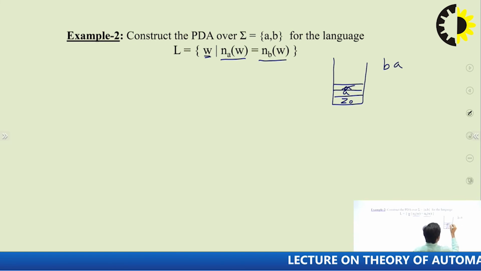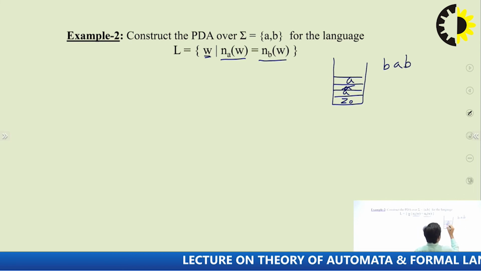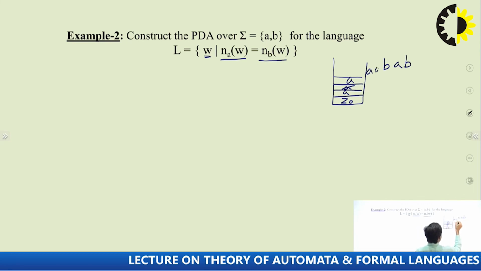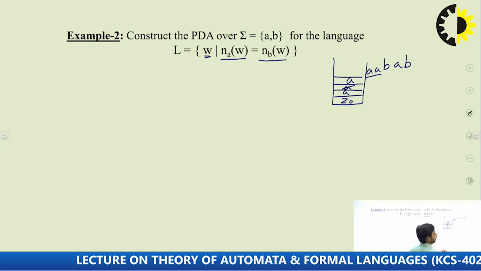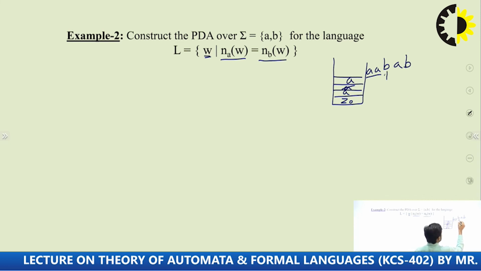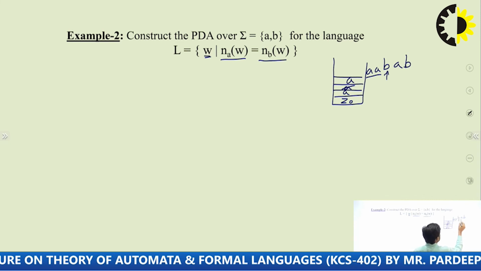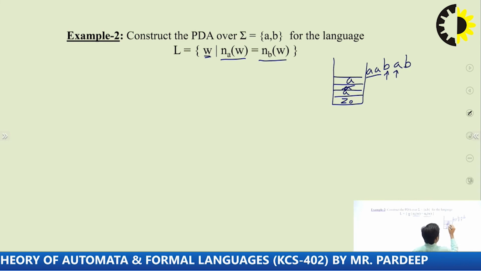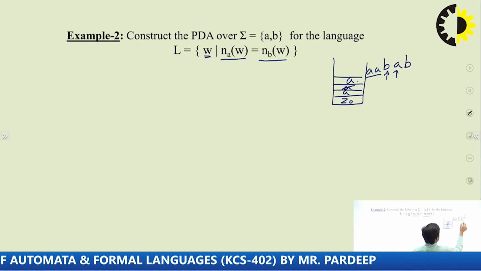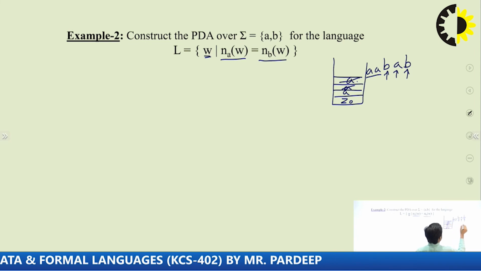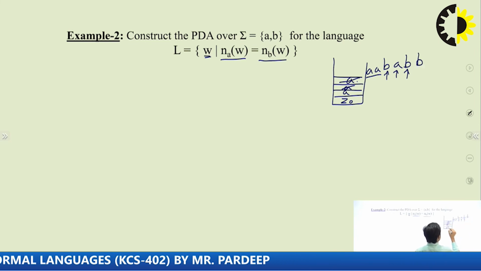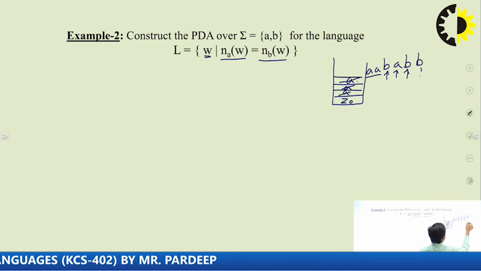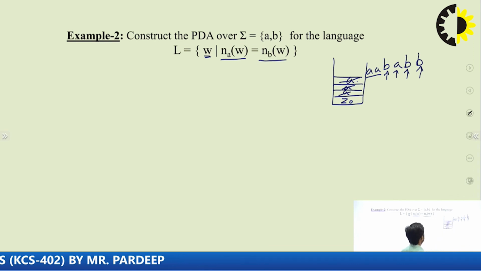When A comes, this A will be pushed, and when B comes, one A will be popped. Again A is pushed, then B comes and this A is popped, and there is one more B, so this A will also be popped. This shows that number of A equals number of B. So construct the PDA for that.